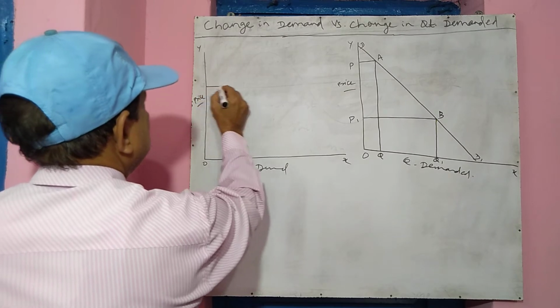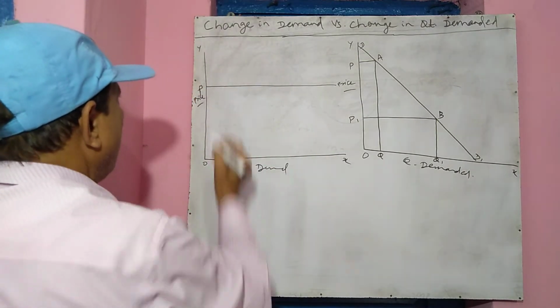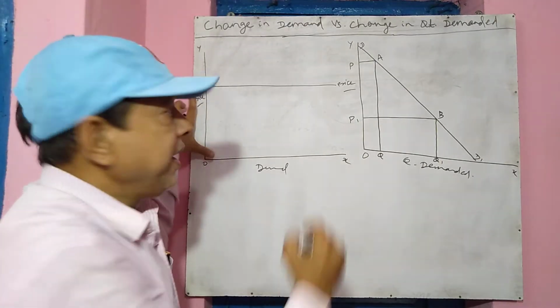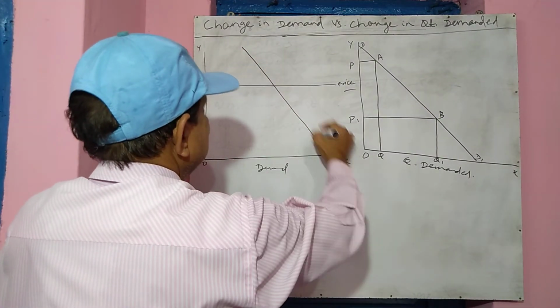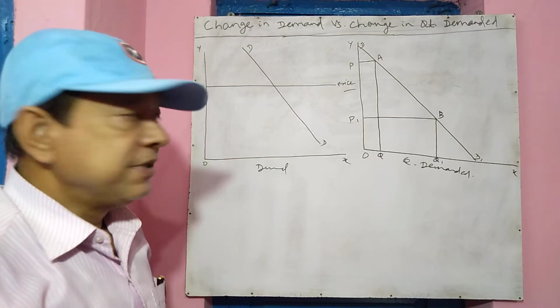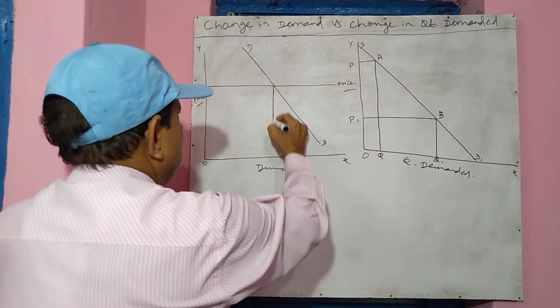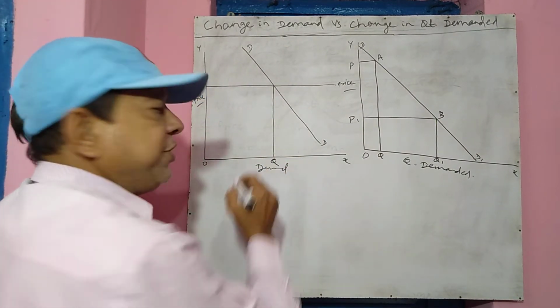Let's say price is OP, constant. And this is our demand curve, let's say DD. So this was our demand curve and this is the price. So the person consumed OQ quantity of the good.